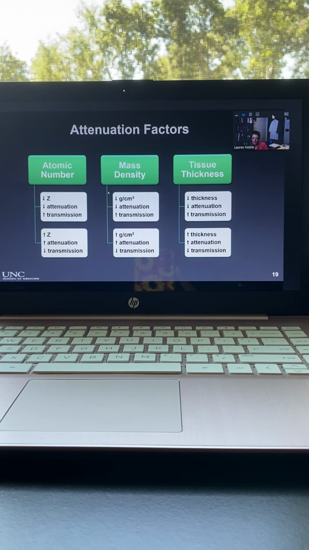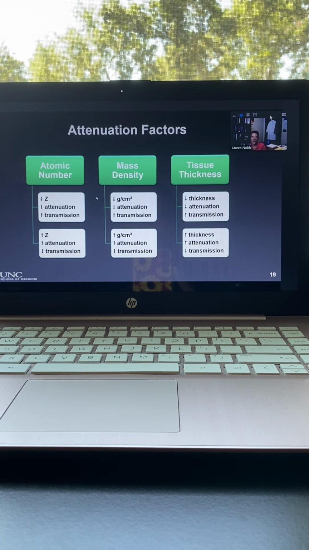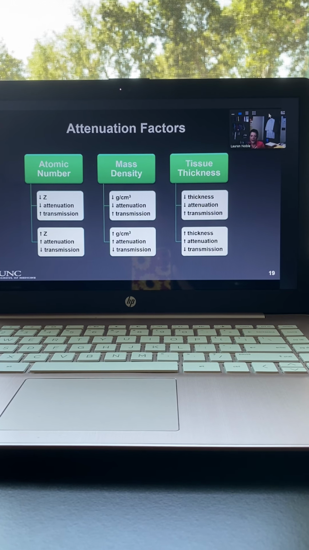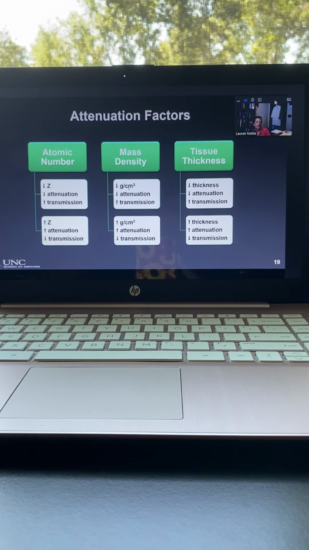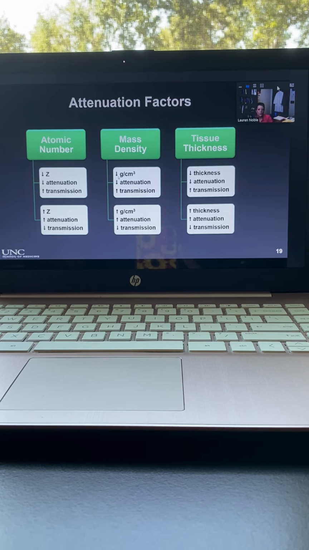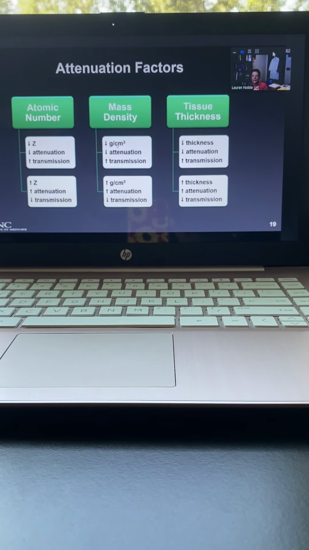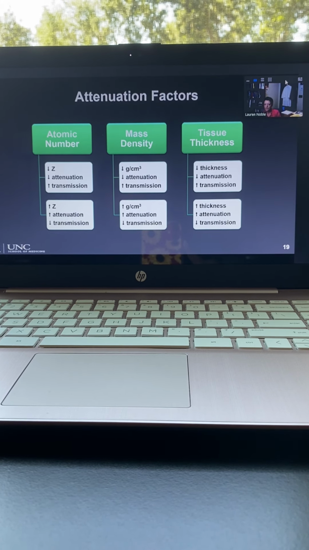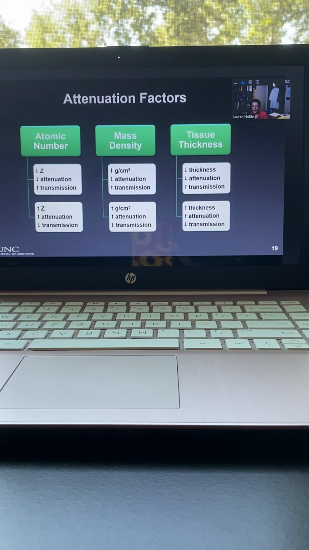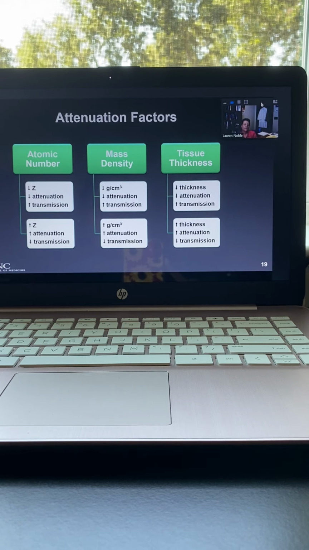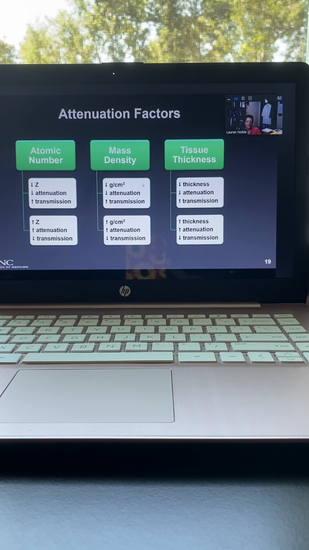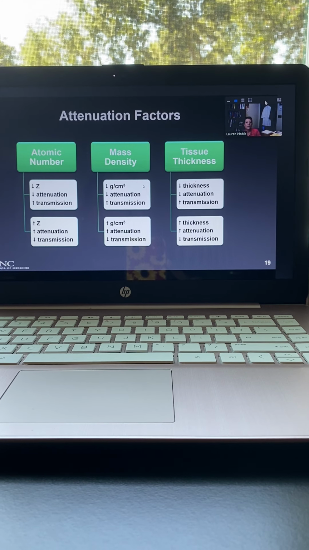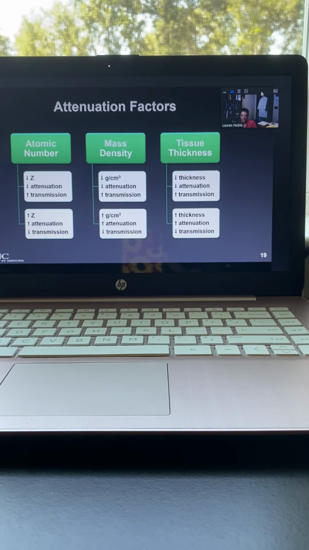Mass density has to do with how tightly packed the atoms are in that structure. Well, if we have a structure where the atoms are not very tightly packed, what does that mean in terms of the number of electrons?